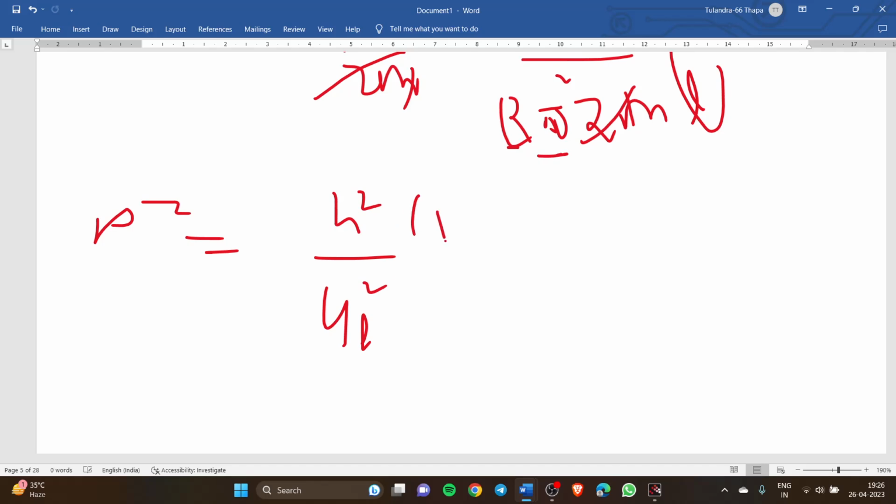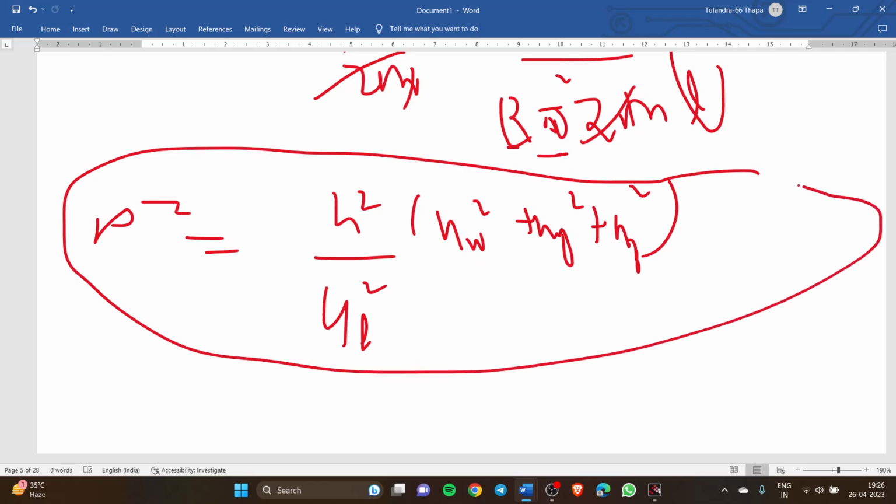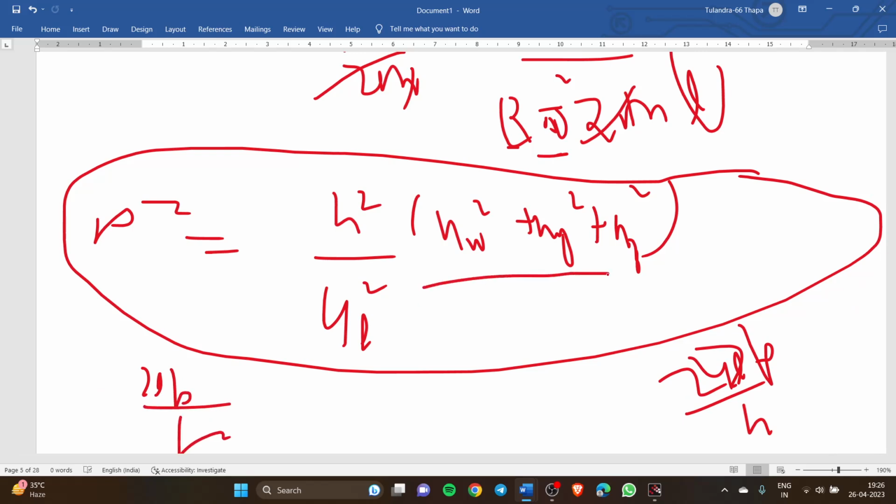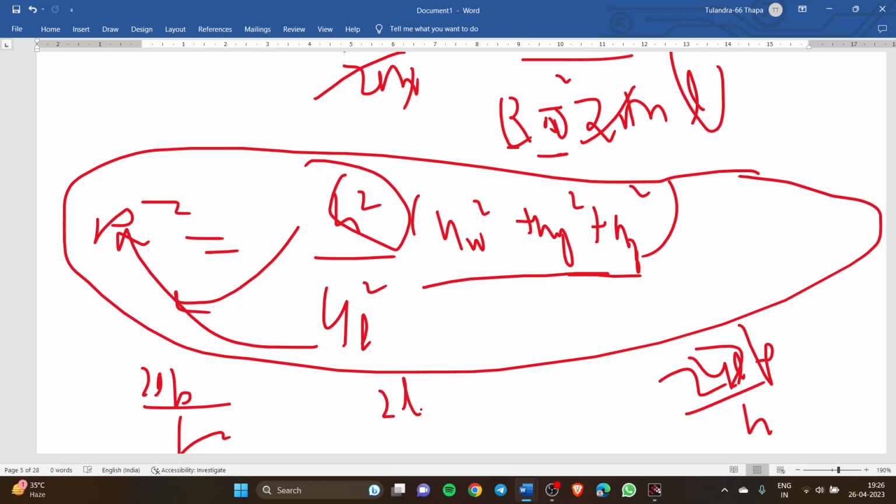So this is like the equation of a sphere, nx² plus ny² plus nz² equal to 4L²p²/h². When we take the square root, we get the radius of the sphere as 2Lp/h.